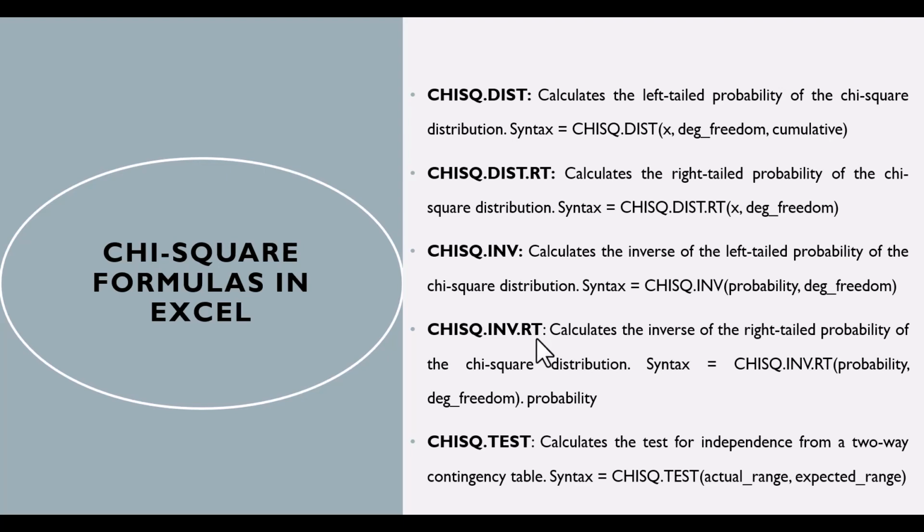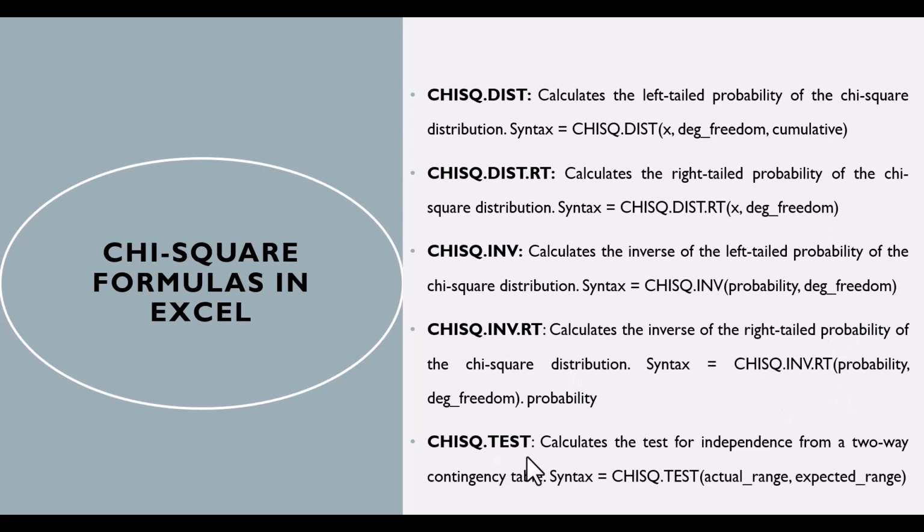So by now you would have gotten the hint of the four different formulas that I have just spoken about. Now, the last one is actually doing a test, whereas the two inverses simply ask you to provide the probabilities.